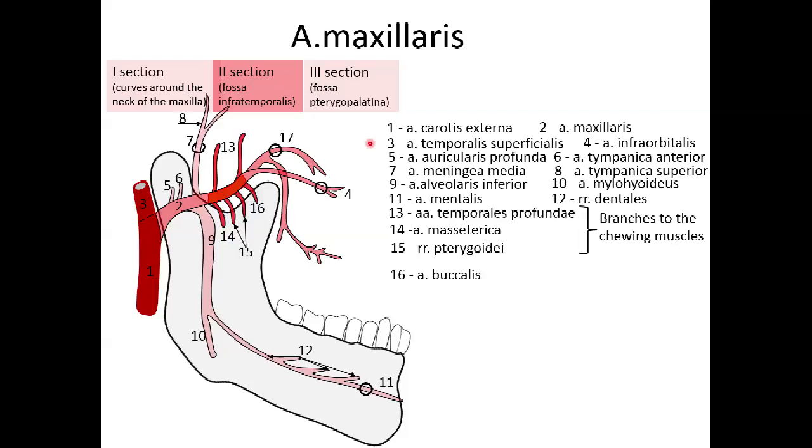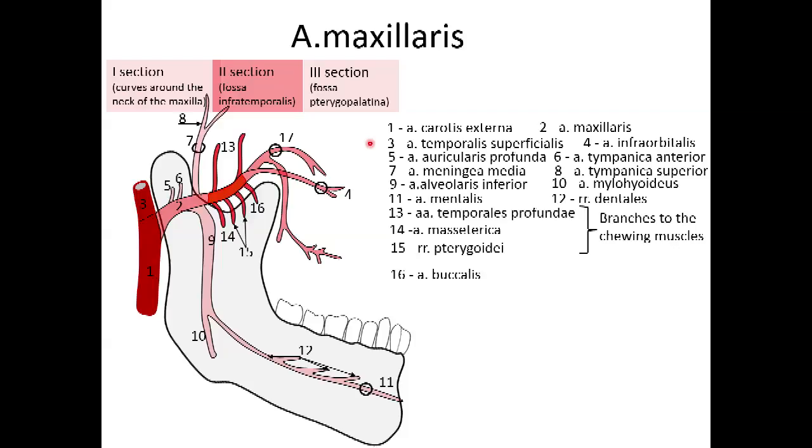From this small place, about 1 cubic centimeter, it's possible to enter the nasal cavity, the oral cavity, the orbit, and the cerebral cavity.